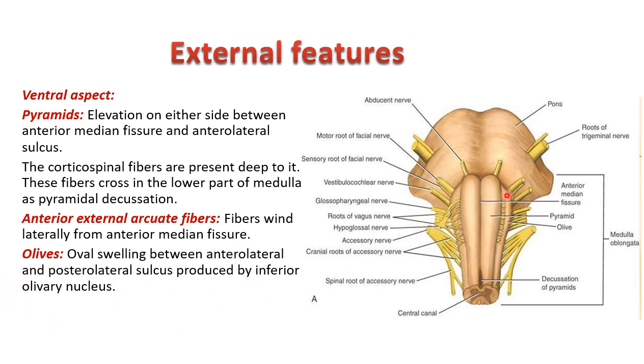That produces a bulging on the surface which is called the olives, and it is seen lateral to the anterolateral sulcus, or between the anterolateral and the posterolateral sulcus. And more laterally, behind the olives, what you see is the inferior cerebellar peduncle, which diverges laterally.